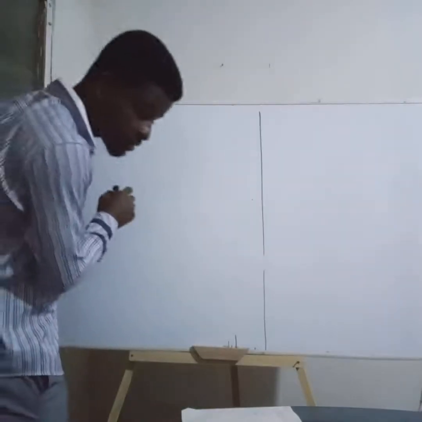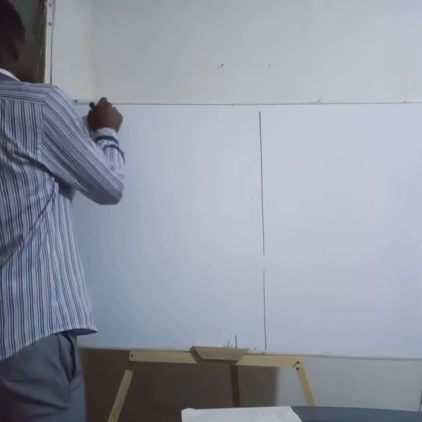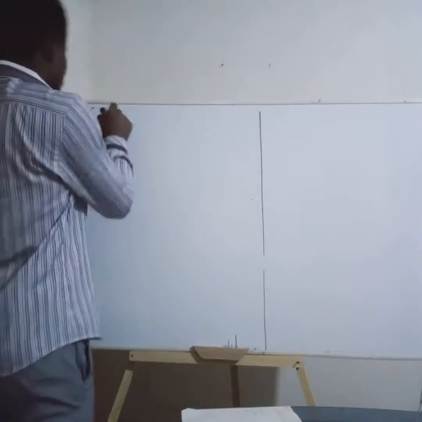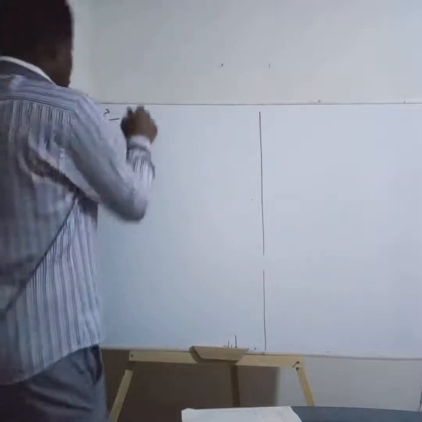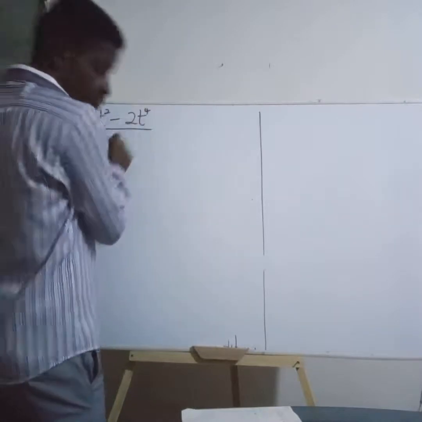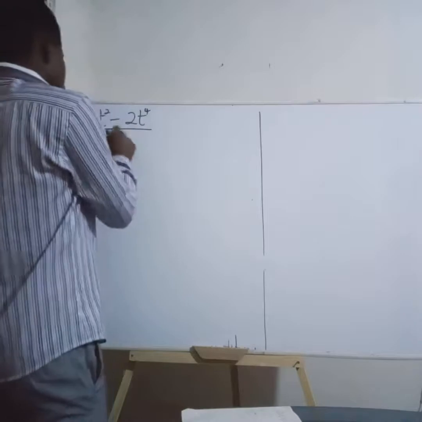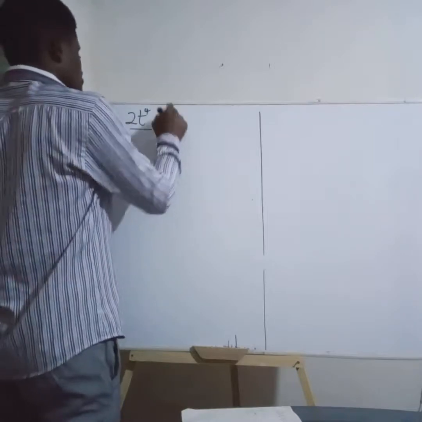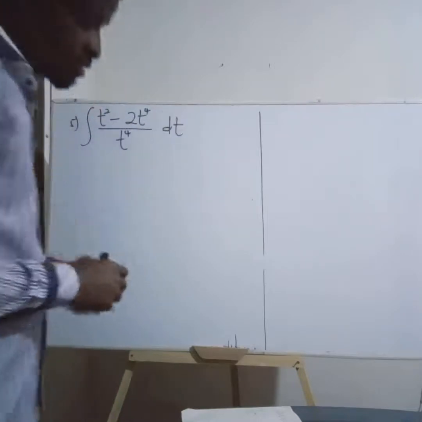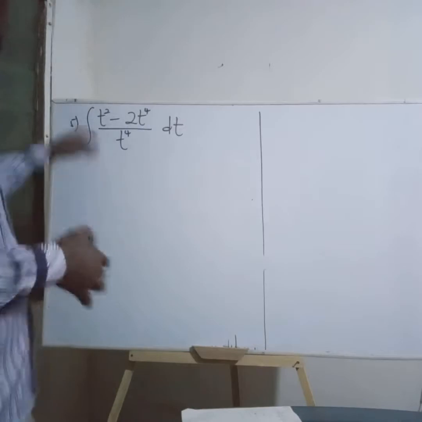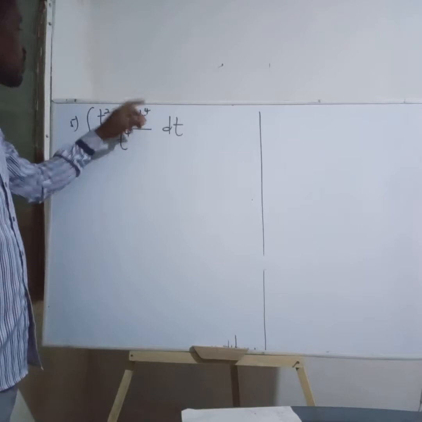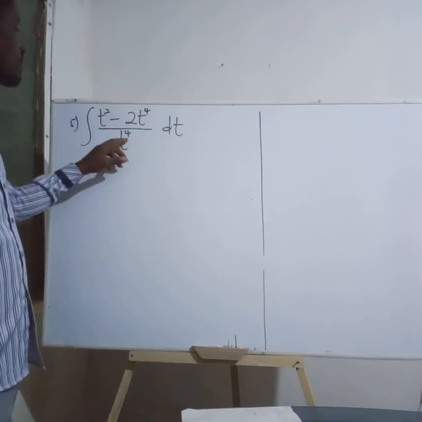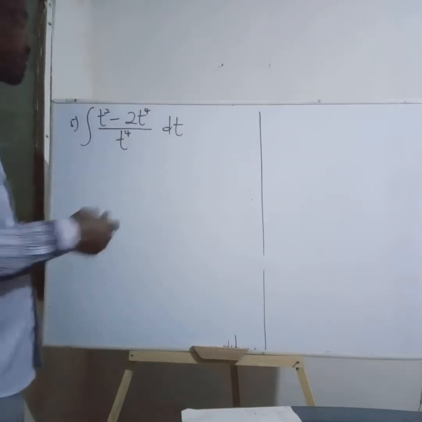Integral of t squared minus 2t to the power 4 divided by t to the power 4 dt. So here we are finding the integral of t squared minus 2t to the power 4 divided by t exponent 4 dt. Solution.